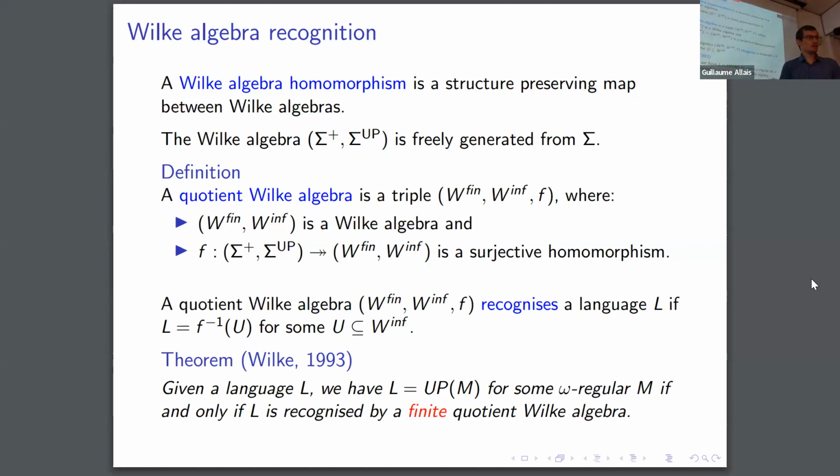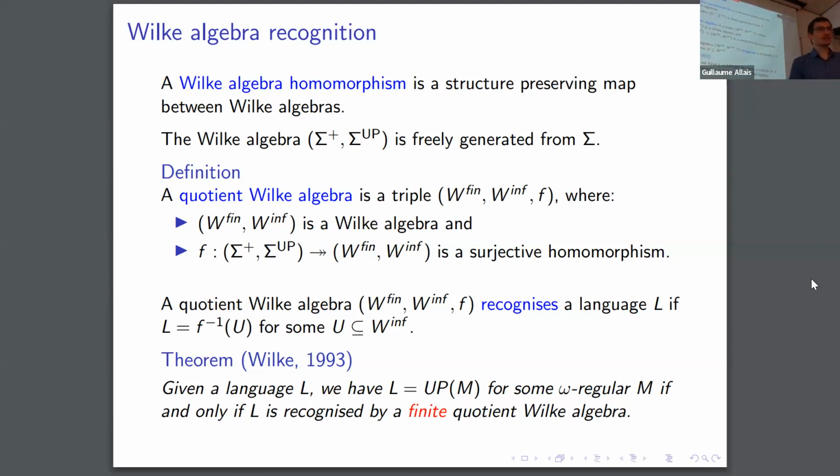In another way, we could say that L is recognized by this quotient Wilke algebra if the quotient, seen as an equivalence relation or as a congruence, saturates the language, the set that is the language inside of here.